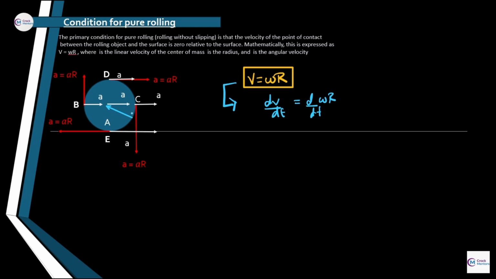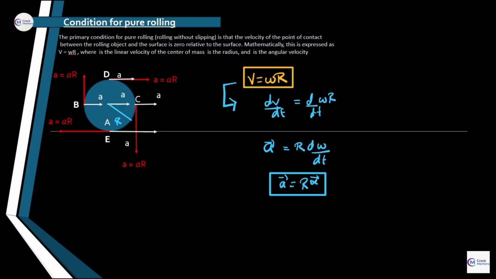I am assuming that the rotational body has radius which is equal to r. Yes, it has radius r, and dv upon dt is equal to acceleration. Now we know the radius of the body is constant, so it comes out from the differentiation, and d omega upon dt is nothing but alpha. So we have acceleration equals r alpha, or alpha r.